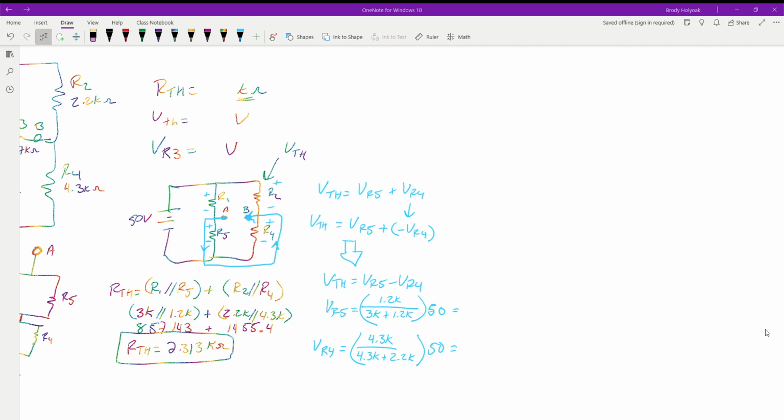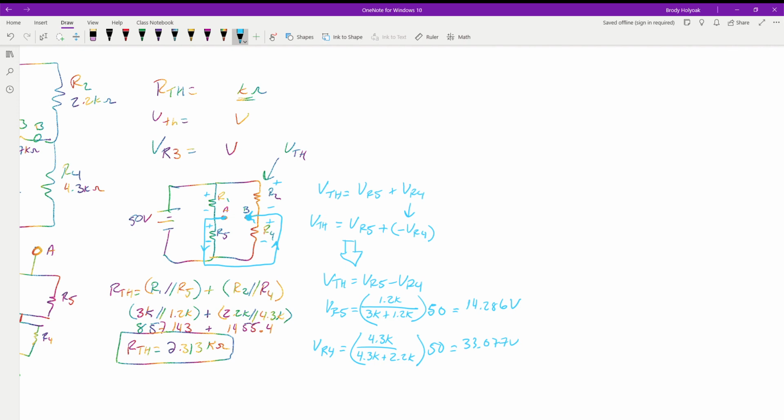So the first value comes out to be 14.286 volts. And VR4 turns out to be 33.077 volts.